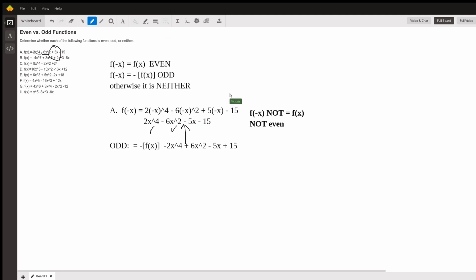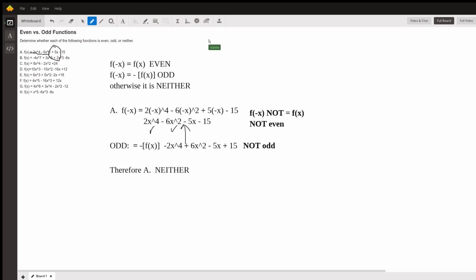So we find out that it is not odd either. So that leaves us to conclude that it is neither. Now, there's a lot faster way to do that.